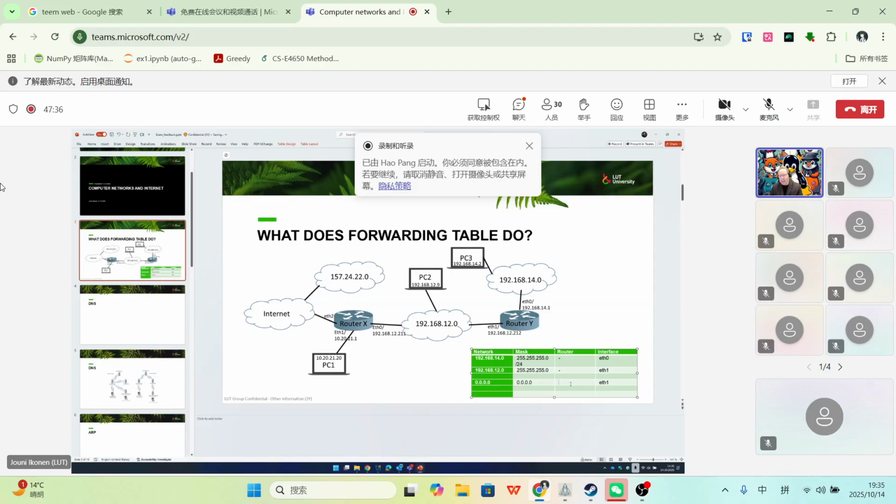So where should router Y send this now? Router X. So what is the IP address where we are going to send it? What is the IP address of the interface where we are going to send it? The one you're pointing at, yes, exactly.